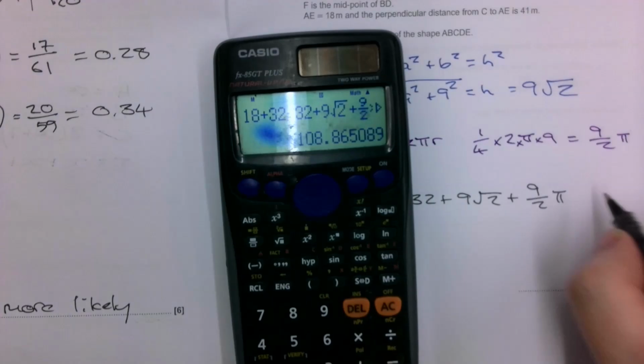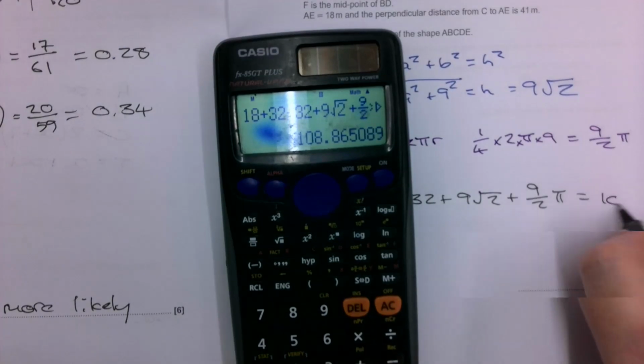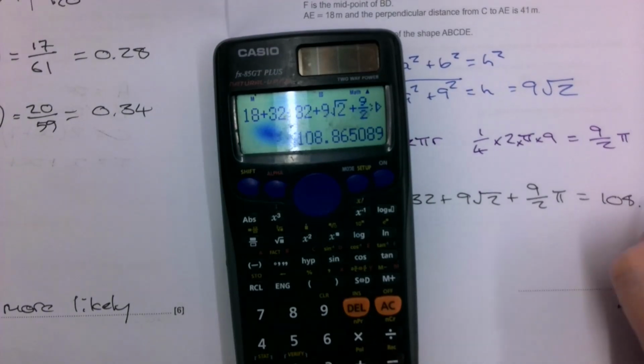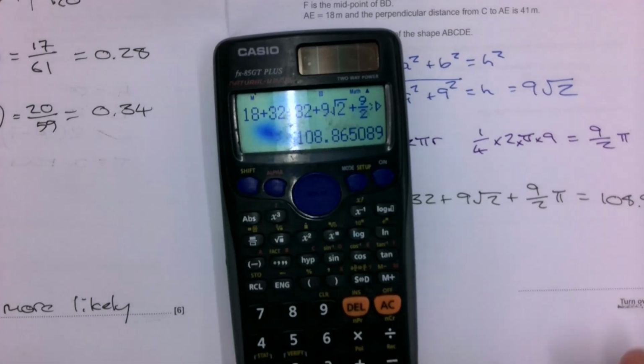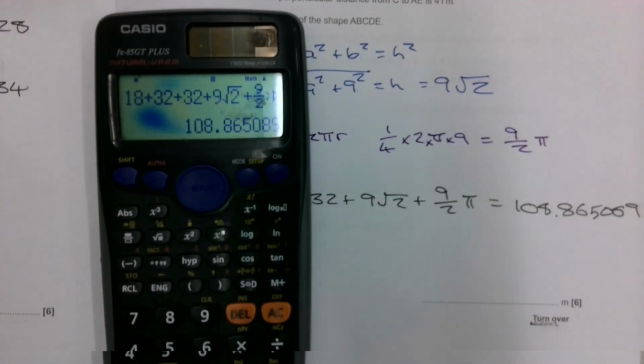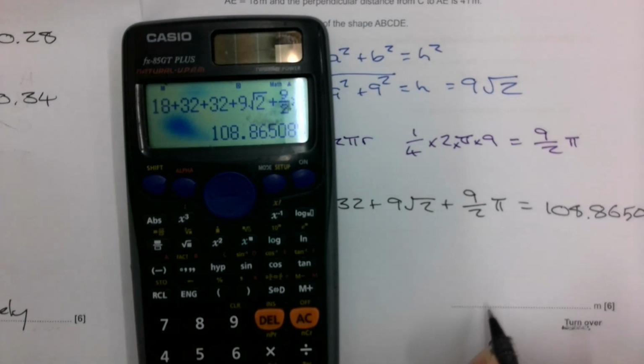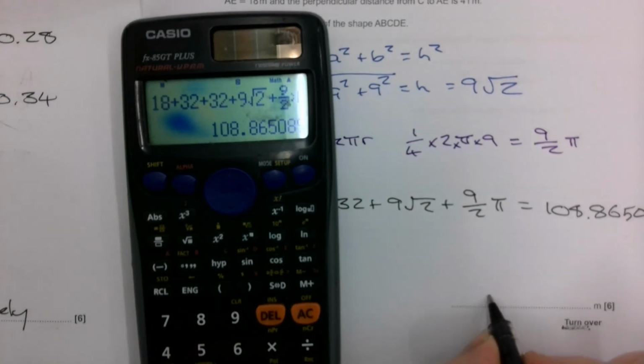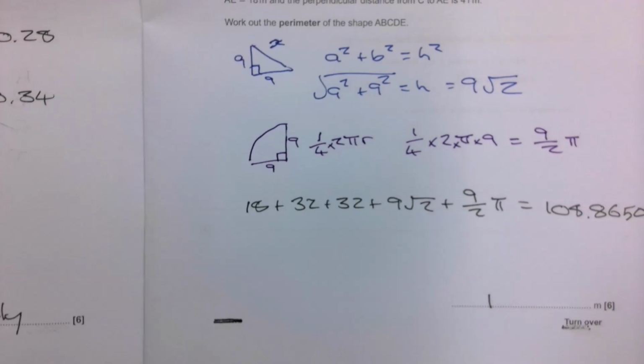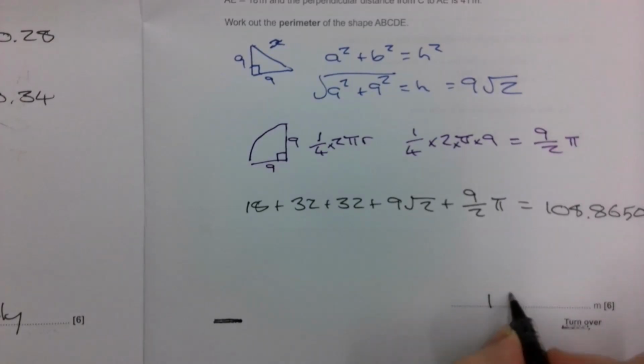There we go, and we get the answer 108.865089. So I'm going to round that to 1 decimal place, I think, because it doesn't tell us in the question. No, it doesn't. So I'm going to call that 108.9 metres.